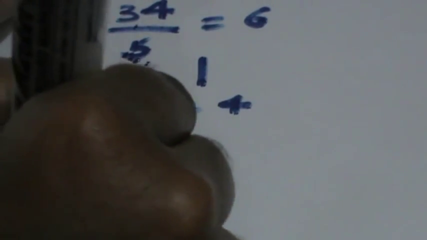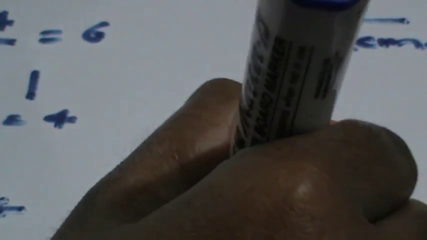Dividend is equal to divisor times the quotient, plus the remainder.